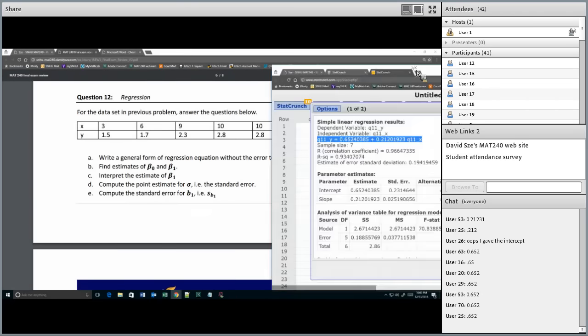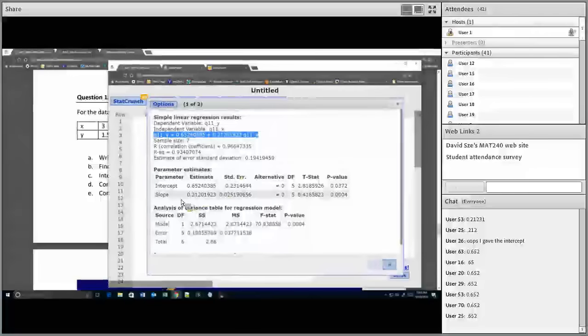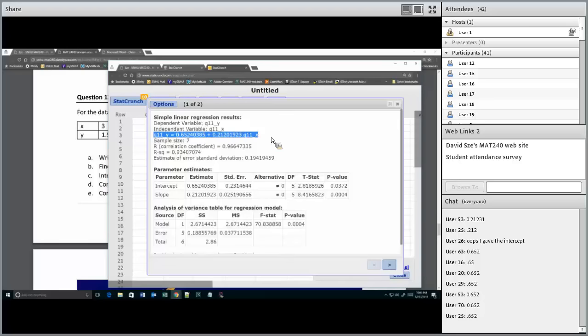Interpret the estimate of beta 1. So can someone do this interpretation for me? This is the equation. So what is the interpretation for beta 1, which is the slope? 0.212.